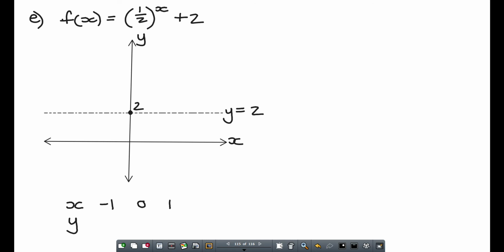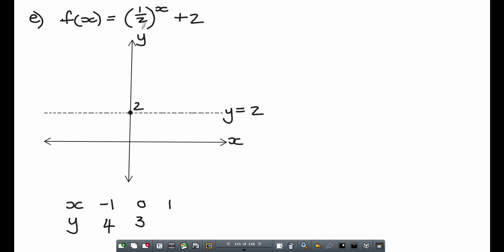And then plus 2, that gives me 4. Am I right now? Yes, no? Sorry, whenever 2 to the power of minus 1. Yes, okay. Right, if x is 0, then it will be a half to the power 0, which is 1, plus 2, gives me 3.